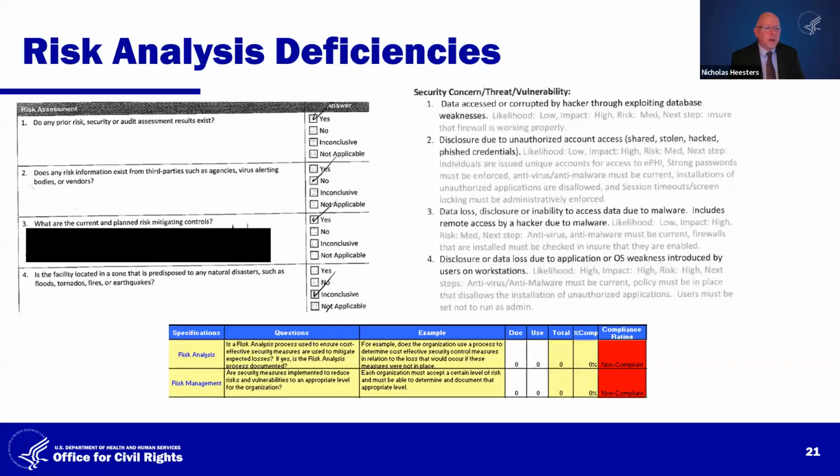In June, OCR put out a cybersecurity newsletter regarding authentication. So a lot of things about authentication, about the importance of understanding the touch points of authentication throughout the organization, to understanding those touch points with respect to your risk analysis and the risks those touch points present to ePHI.